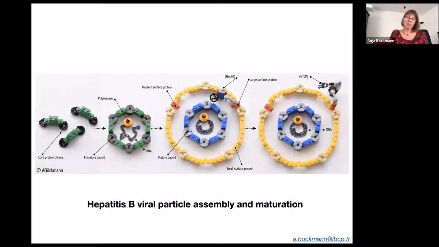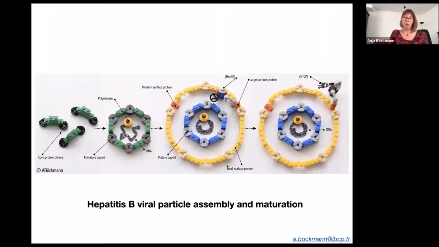This then matures, and maturation here means that the RNA is transcribed to single-stranded DNA first, and then to partly double-stranded DNA. And there, at some point, the capsid has to change shape, because in some way, which is not well understood today, it signals that it's ready for envelopment. And then the surface protein, there are 3 different ones.